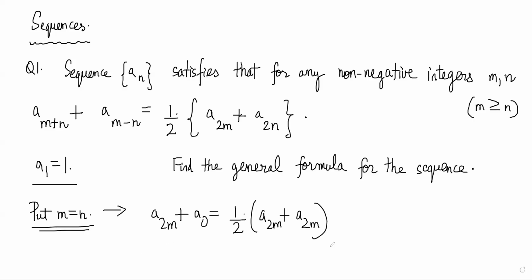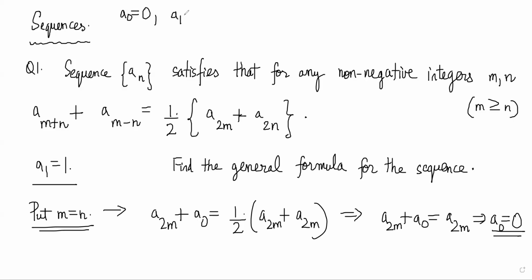This relation should be obvious to everyone, which implies that a of 2m plus a of 0 is equal to a of 2m, which implies a of 0 is equal to 0. I hope everyone is following what I'm saying. We have gotten the values of a0 and a1, and you can try and find out other values as well.